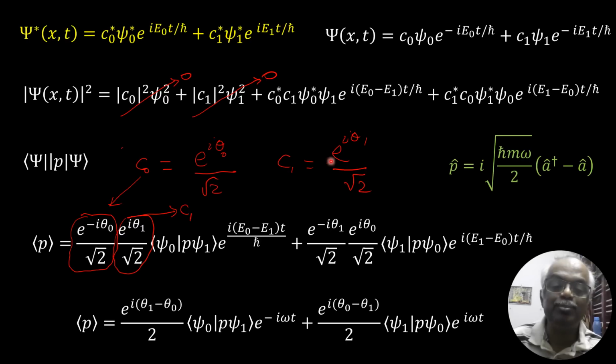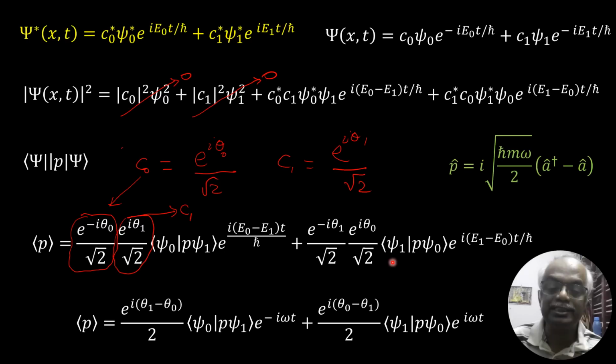If we take the complex conjugate of this, e power minus i theta 1 over square root of 2, then C naught. C naught we have seen is e power i theta 0 over square root of 2.